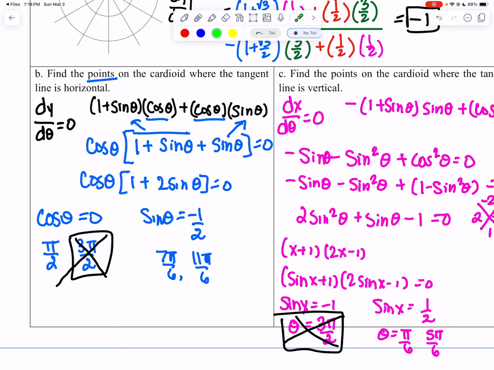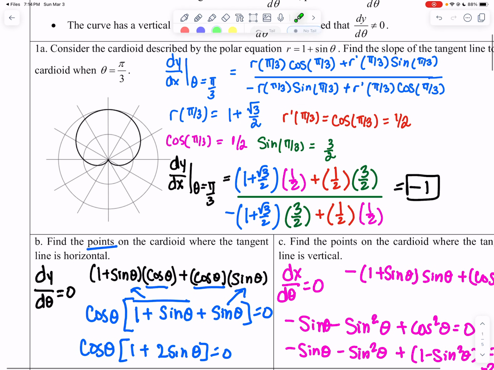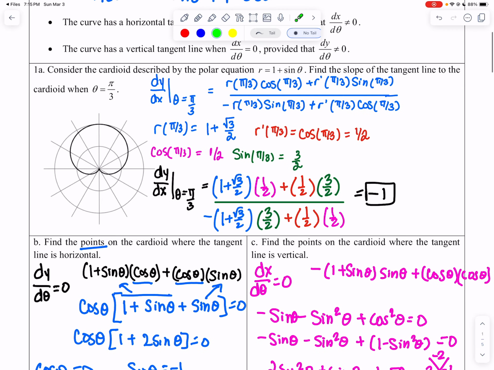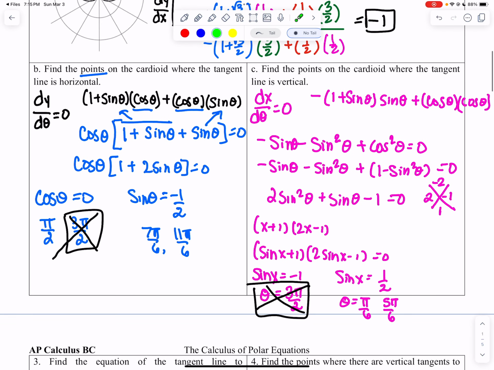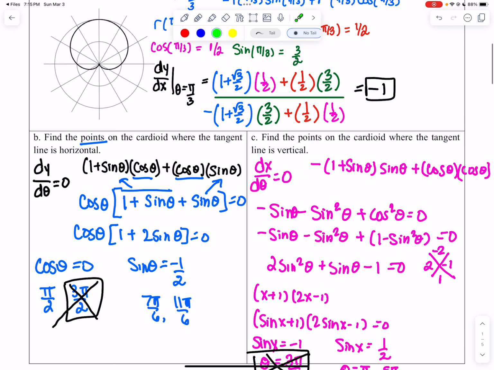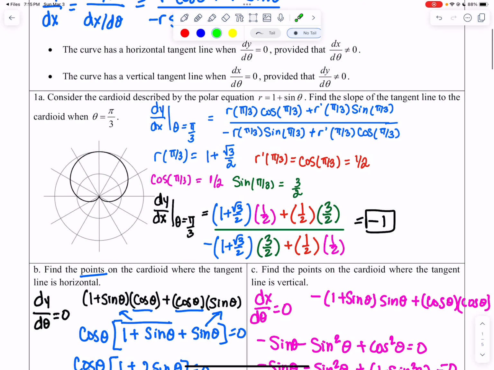All right, now once you do that, of course, since B and C say find the points, we are just going to plug in our theta values and then find r. Lucky for us, hopefully you guys got some of these, especially in terms of, let's say, sine.